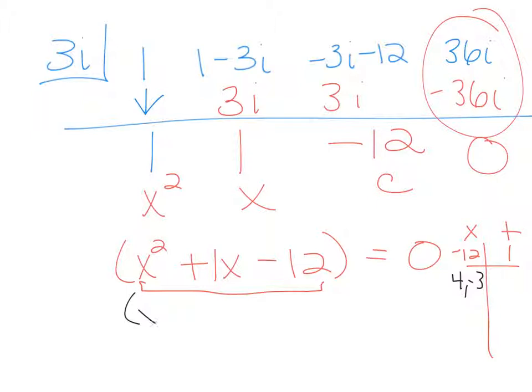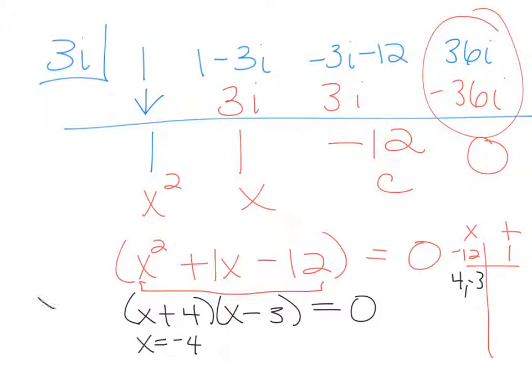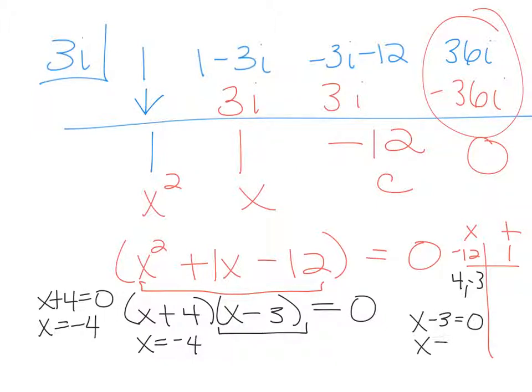So this actually factors into x plus 4 times x minus 3, which is equal to 0. And my other two zeros then are at negative 4, because if I set x plus 4 equal to 0, x is at negative 4. And if I set x minus 3 equal to 0, I get x equals 3.